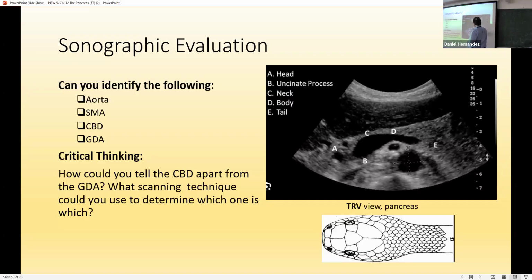The neck is anterior to the portal confluence. Then you get into the body and then the tail, a portion of the tail of the pancreas. Then if you know your anatomic orientations, you can tell the difference between the gastroduodenal artery and the common bile duct.